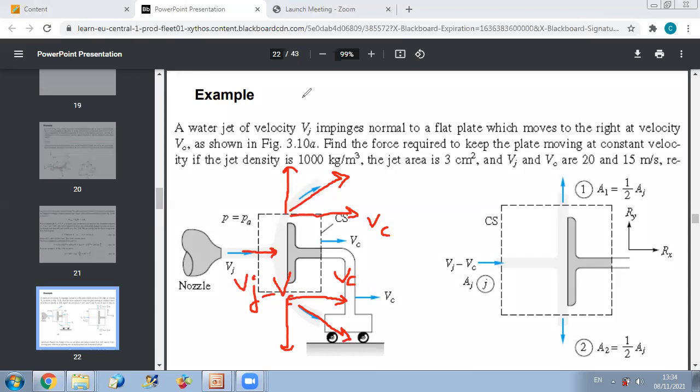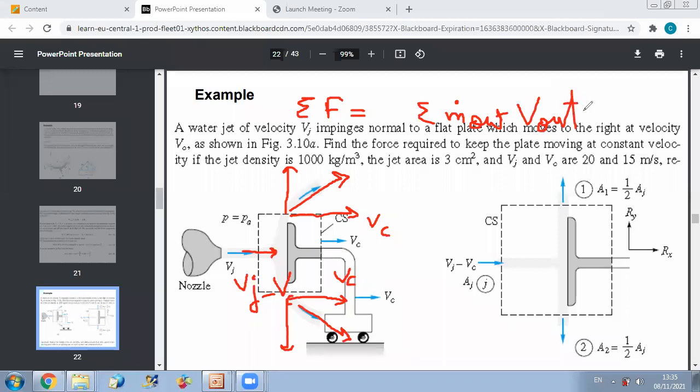We developed last time that the sum of forces is equal to, for 1D flow, meaning the velocity is uniform, the sum of m dot out V out minus the sum of m dot in V in.